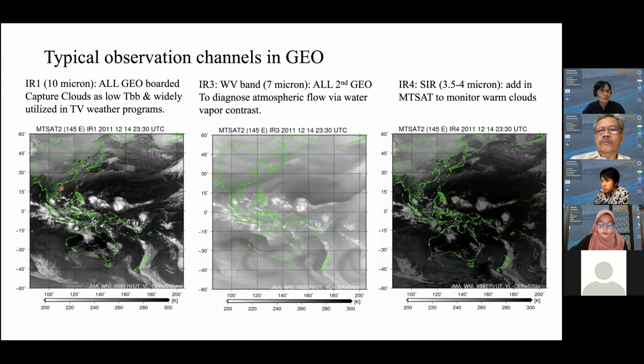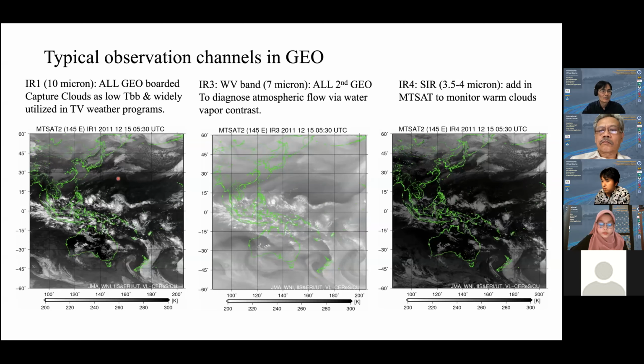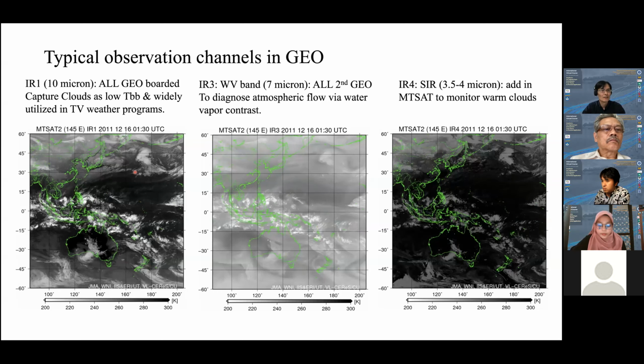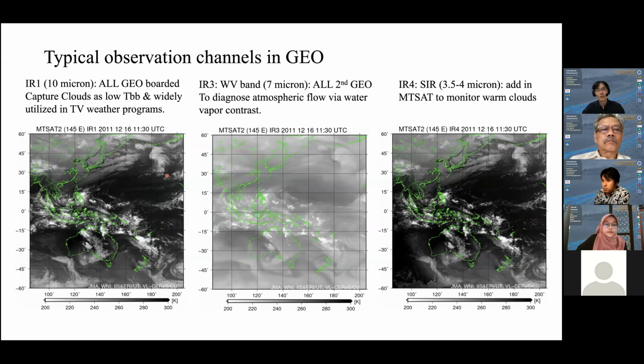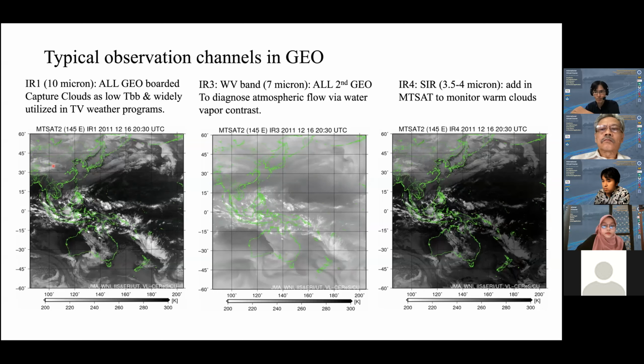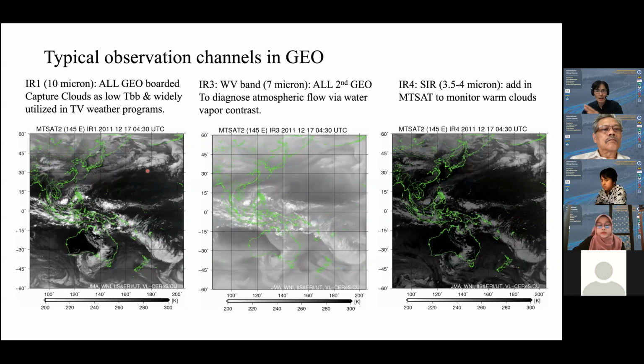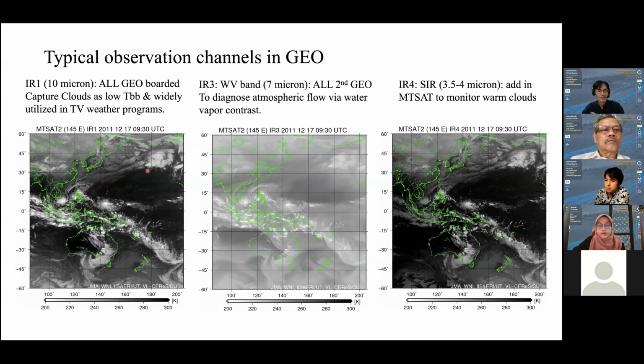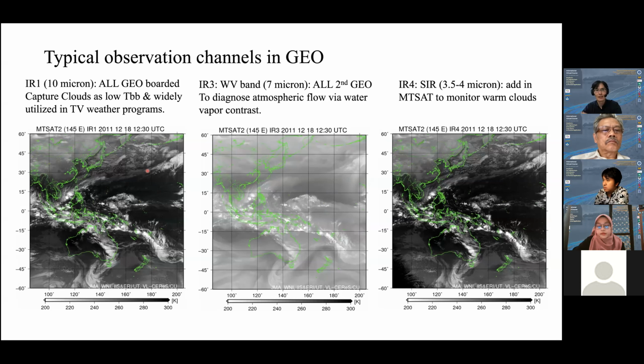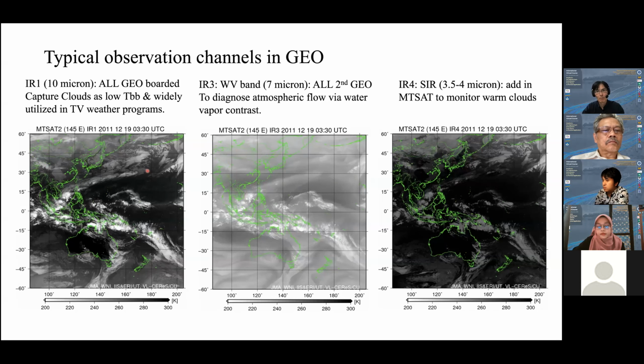And in the mid-latitudes, like Japan, the propagation of Rossby waves can be captured by the passing of lows and highs. Such behavior is easy to visualize as a proxy of the 10 micrometer brightness temperatures.